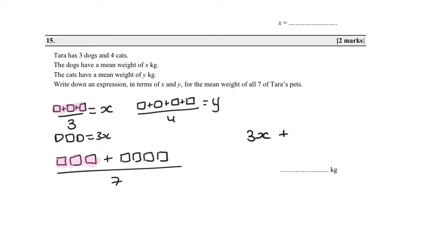My 3x is how much the 3 dogs all weigh. And then here, we know the total of the 4 cats over 4 is y, so that means the 4 cats, sorry, my rectangle's getting worse, is 4y. So plus 4y divided by 7 is going to be my mean of all of those pets.